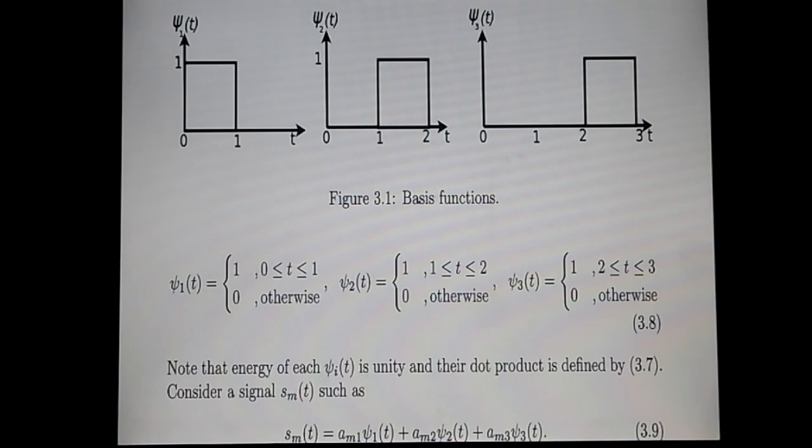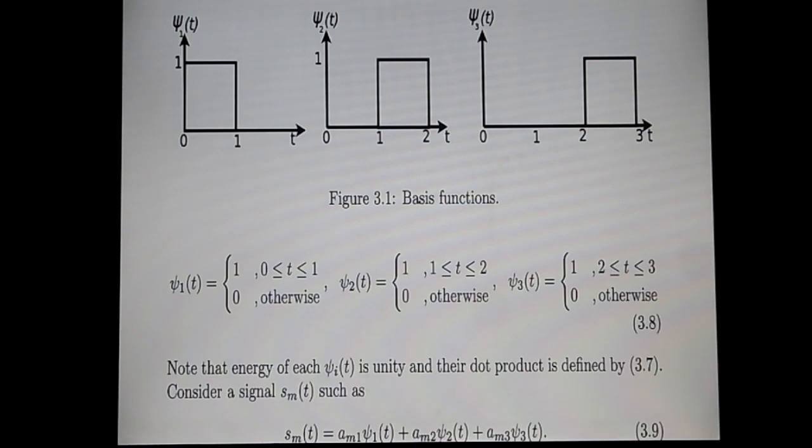Psi 1 of t is 1 for t between 0 and 1, and 0 otherwise. Similarly, psi 2 of t equals 1 when t is between 1 and 2 and 0 otherwise, and psi 3 of t is 1 between 2 and 3 and 0 otherwise. Another point to note is their energies. If you compute the energies of these signals, which means you square and integrate, you would find that the energy is unity.